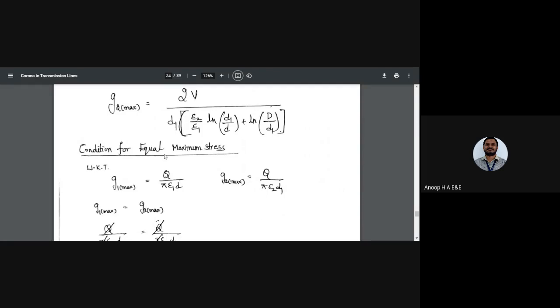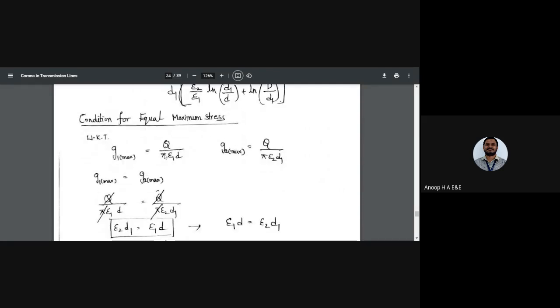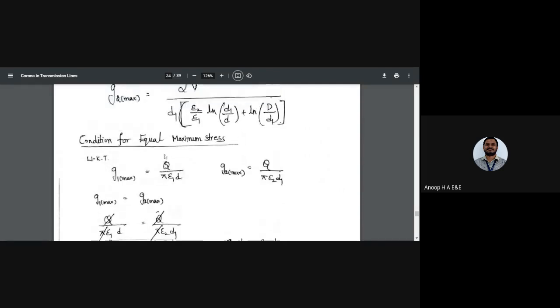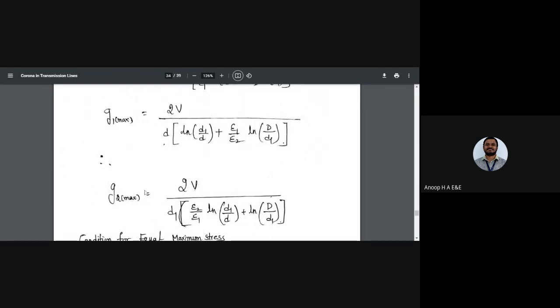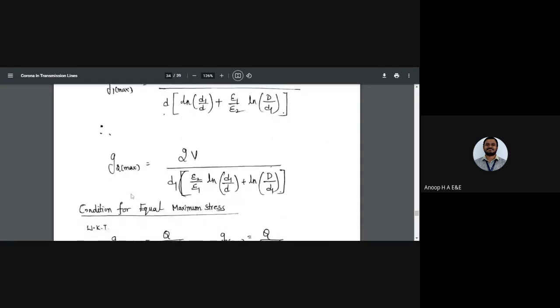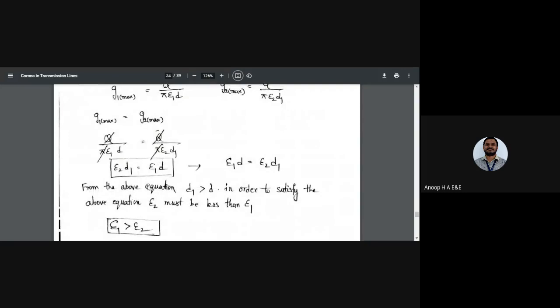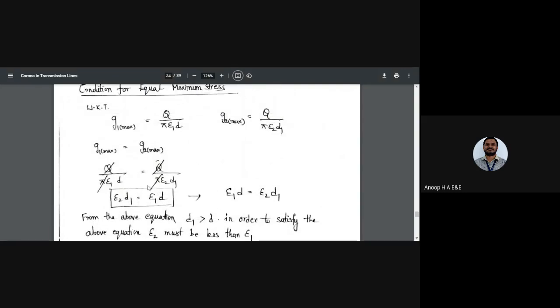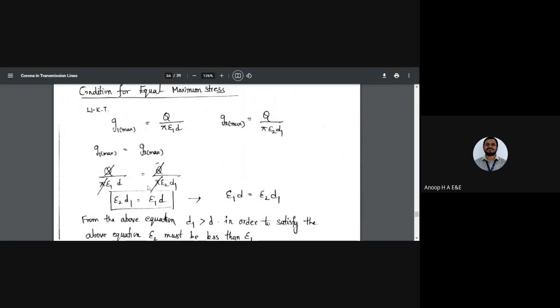Okay, so what is the condition for equal maximum stress is the next thing. You are going to use these equations, G1 max and G2 max, in the numerical problems. I want you to make a note of it, such that we are going to use it in the numerical problems. Now the next one is the condition for equal maximum stress.